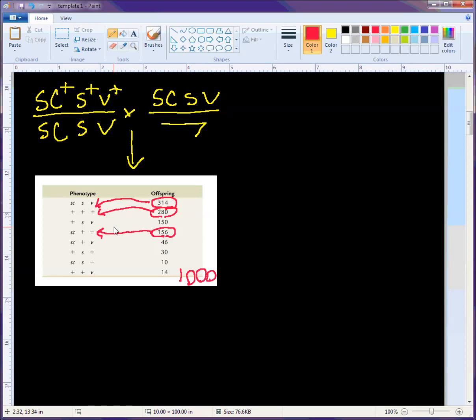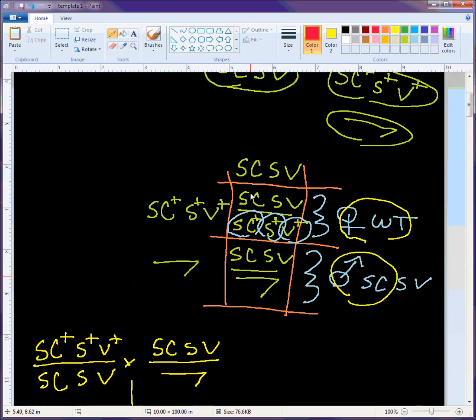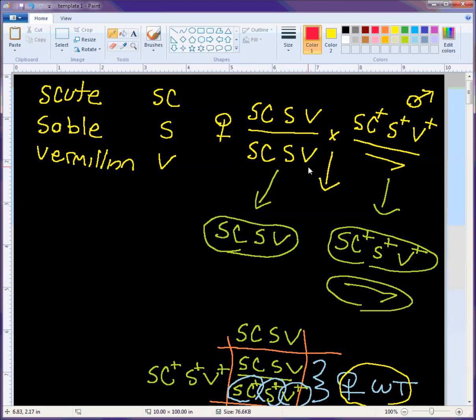So what the question is now asking us in part A, it says, using proper nomenclature, determine the genotypes of the P1 and F1 parents. So we've already done that by going through the question slowly, right? So here are the P1 parents right here. Here's the genotype of the female.